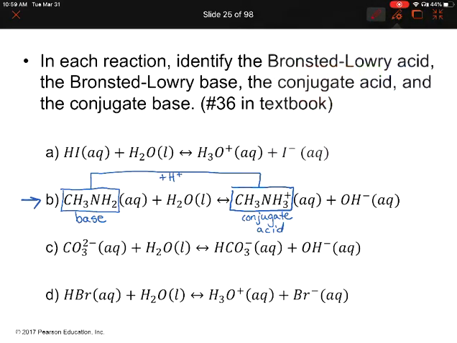All right, so now for the other reactant, which is water, because it's in the presence of a base, it's going to act as an acid. And then it's going to lose a hydrogen and become the conjugate base.